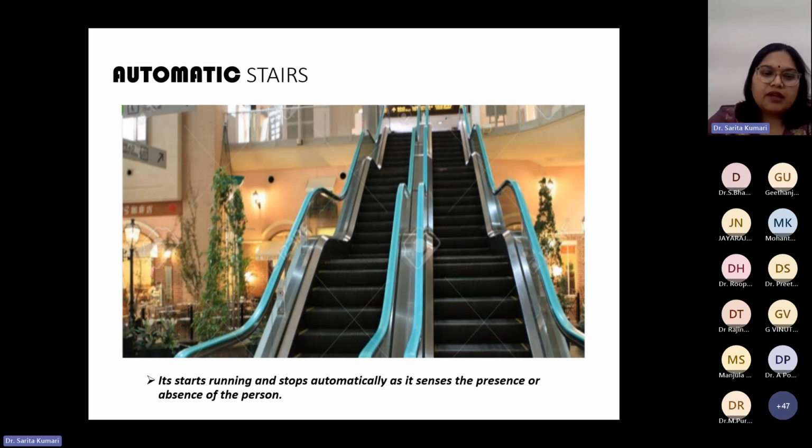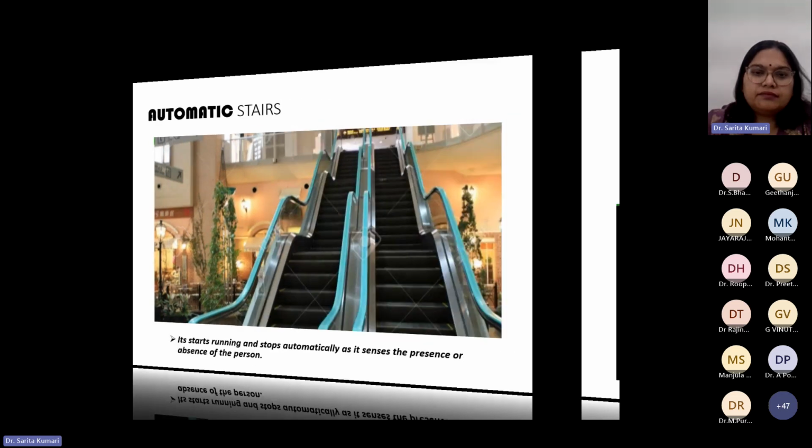So that is again used for energy saving, and it is very convenient for a person to move from one place to another, from one floor to another floor. So this is automatic stairs. Again, here also we are making use of the sensor.